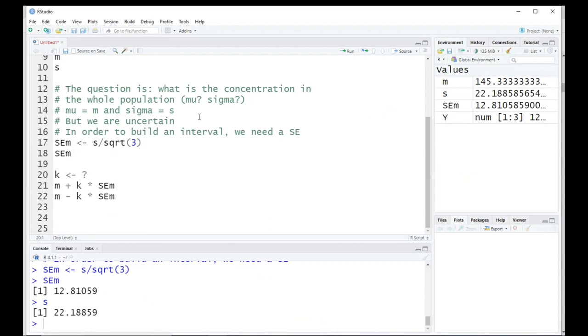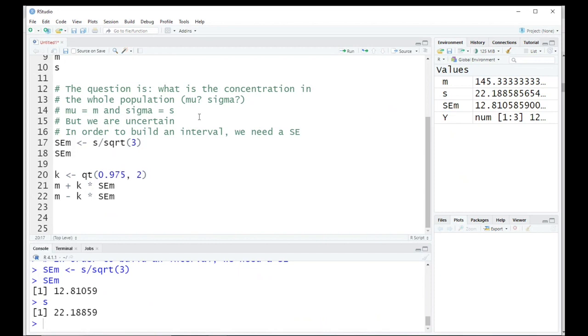So we take instead the 0.975, 97.5% percentile from a student t-distribution, which is QT 0.975 with 2 degrees of freedom, because we have 3 individuals, and therefore 3 minus 1 equals 2 degrees of freedom.